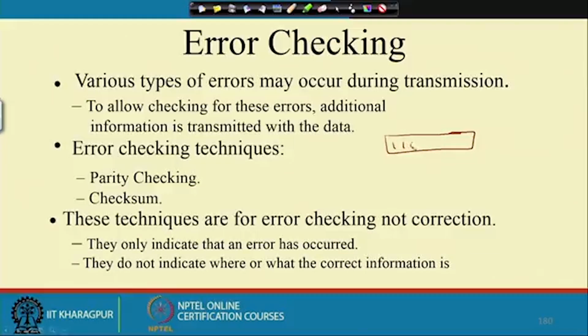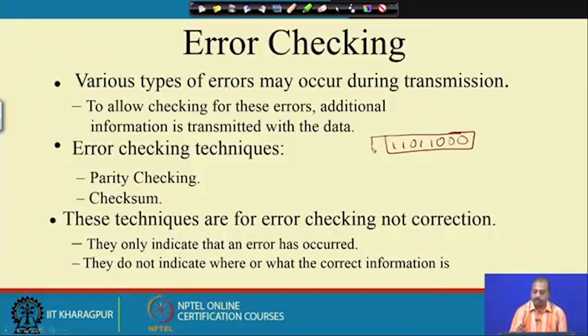The bit stream may be 1 1 0 1 1 0 0 0, these may be the 8 bits transmitted. We have a parity bit at the end of it. This bit is called the parity bit. If we say that we will follow odd parity, then this bit will be set to 1, and if we say that we will follow even parity, then this bit will be set to 0.